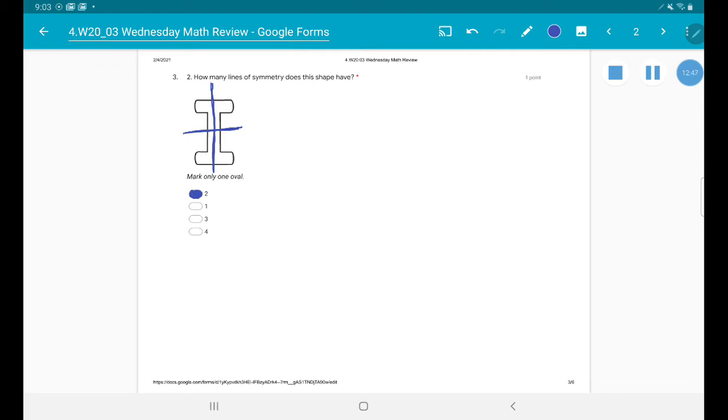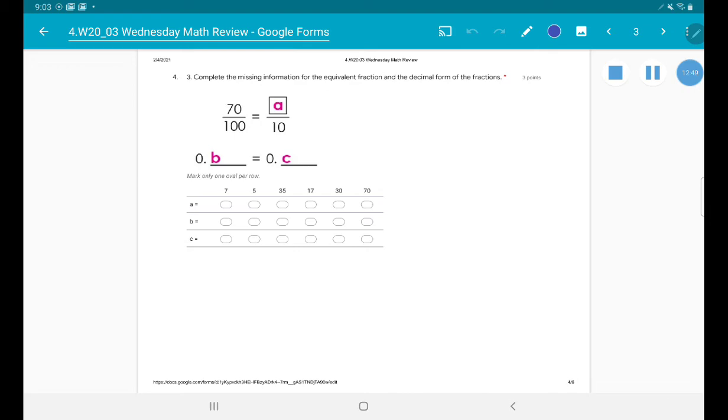All right, the next question asks you to complete the missing information for the equivalent fraction. What does equivalent fraction mean, Dylan? Equivalent fraction means like the same. That's right, they're equal. They represent the same amount, and the decimal form of the fraction. So let's worry about the fractions first. 70/100ths is equal to how many tenths?